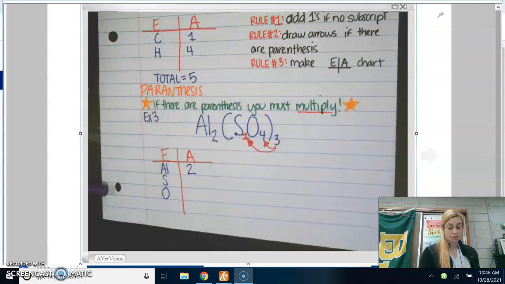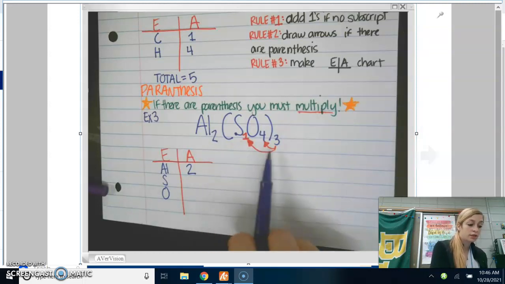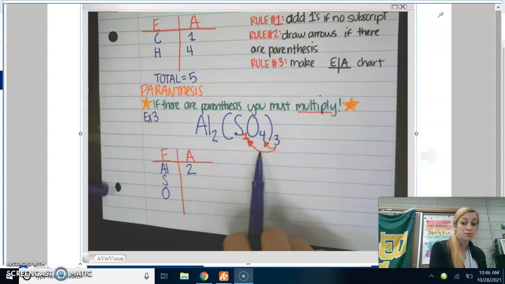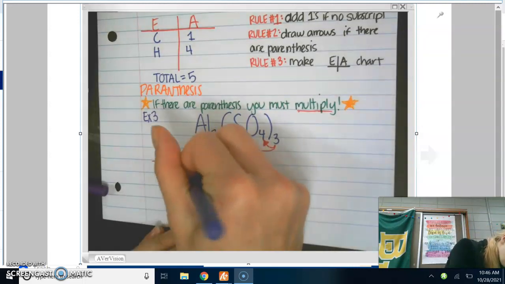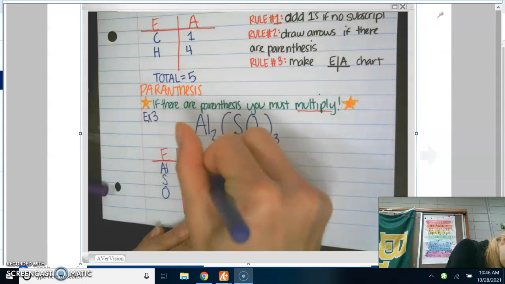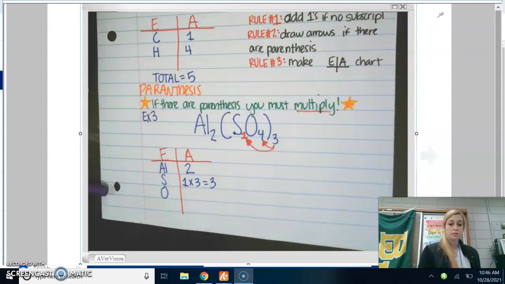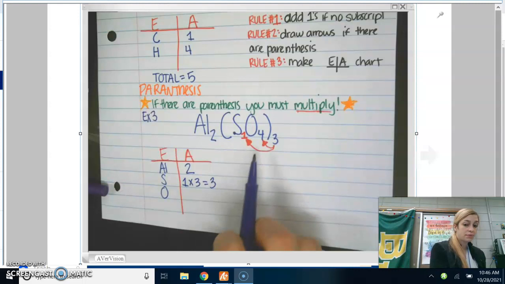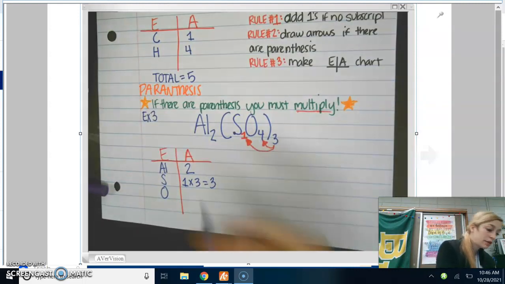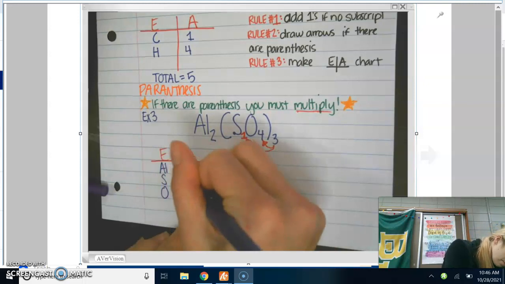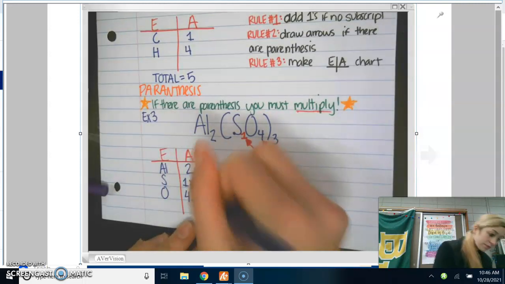S is in parentheses. It does have an arrow, so we have to multiply. An arrow is a times sign, a multiply. 1 times 3 equals 3. O is in parentheses. It has an arrow, so 4 times 3 equals 12.